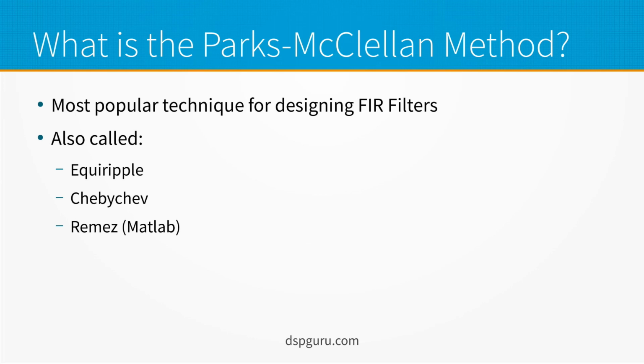So, what is the Parks-McClellan method? It's the most popular technique for designing finite impulse response filters, and it's also called the Equiripple, Chebyshev, or Remez algorithm. Those are kind of interchangeable. MATLAB uses the term Remez, however you pronounce it.